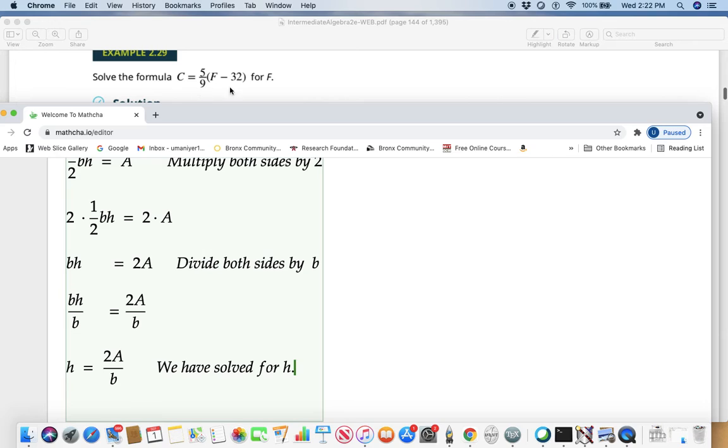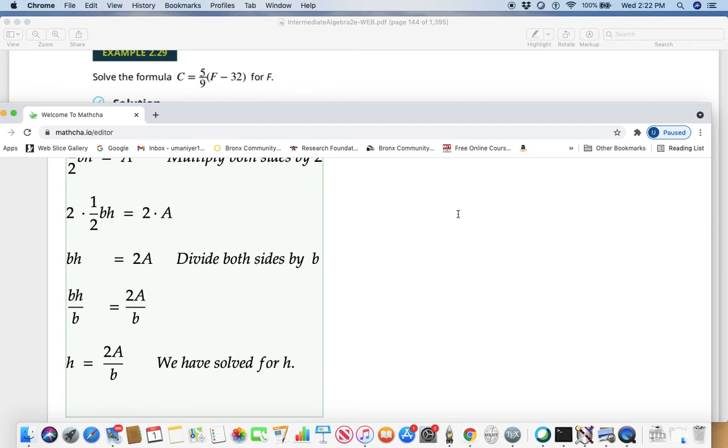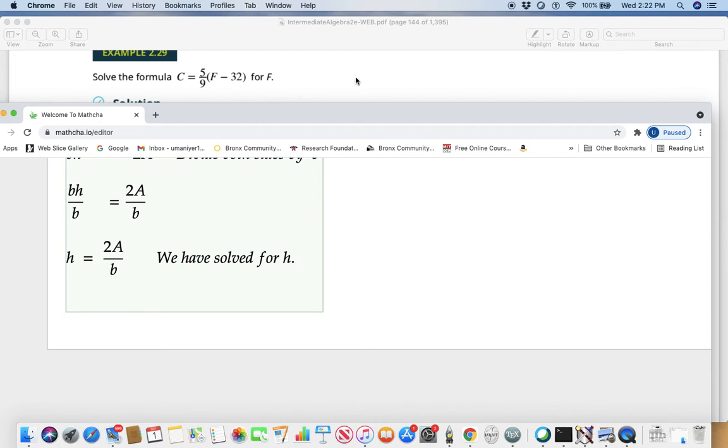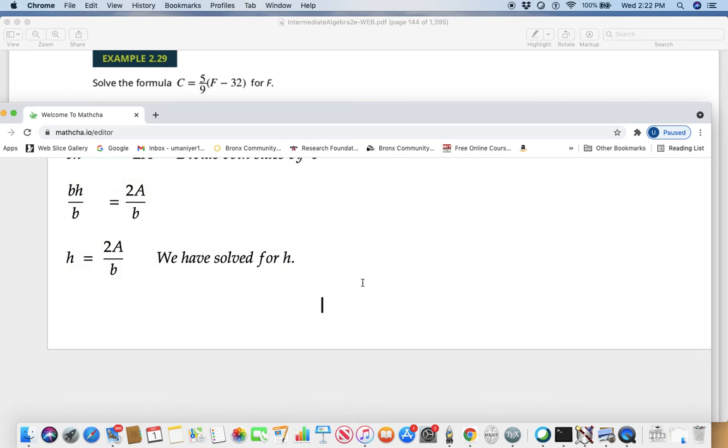Here is another. Take this formula. This is the conversion formula from Fahrenheit to Celsius. So you want to solve for F given this formula. This is example 2.29.